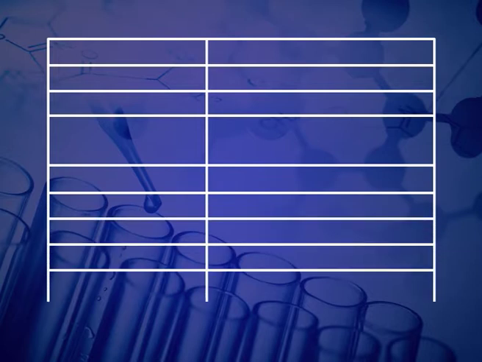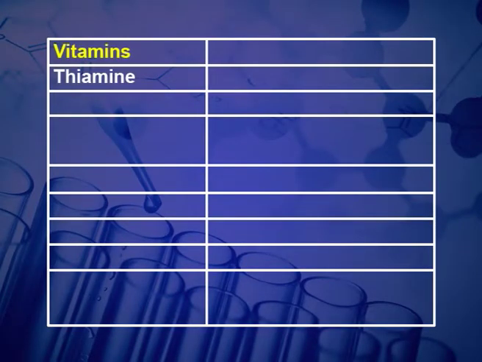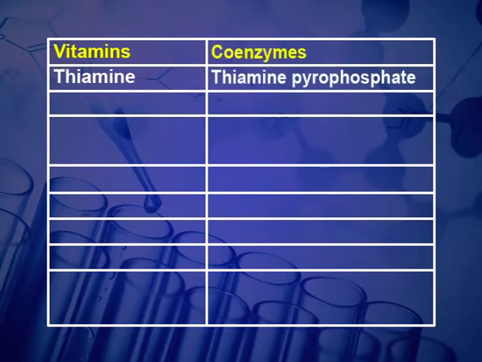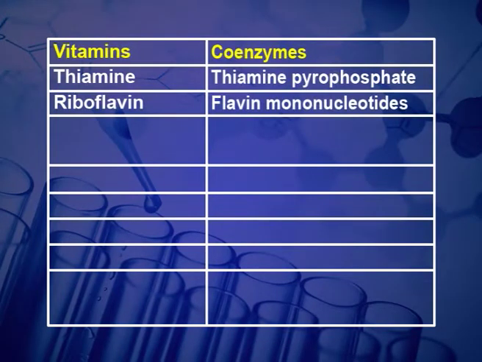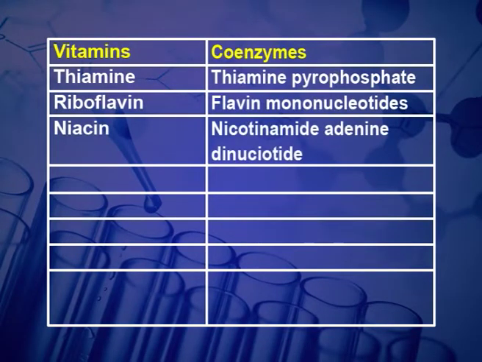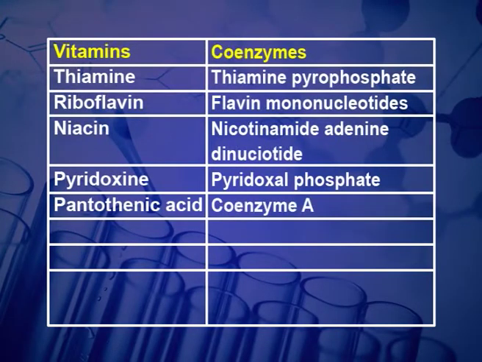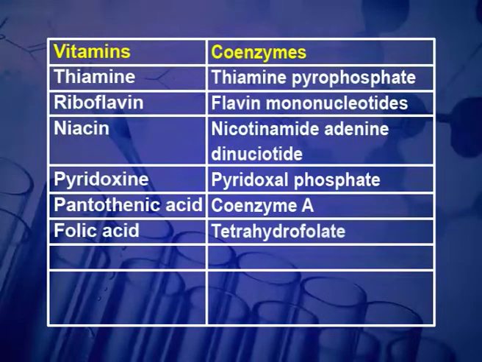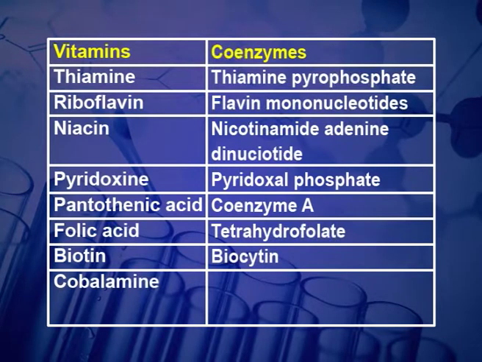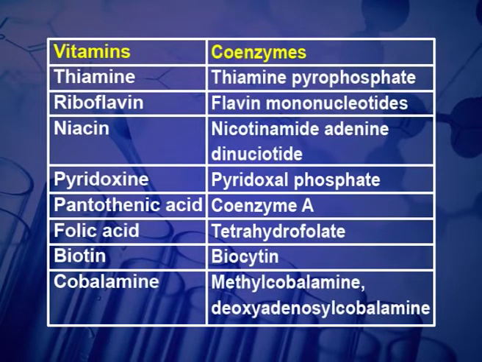As in a chart: thiamine, the vitamin which has the coenzyme thiamine pyrophosphate; riboflavin, which has flavin mononucleotide; niacin, that is nicotinamide adenine dinucleotide; pyridoxine, which has the coenzyme pyridoxal phosphate; pantothenic acid, which has coenzyme A; folic acid, which has tetrahydrofolate; biotin, that is biocytin; while cyanocobalamin has the coenzymes methylcobalamin and deoxyadenosylcobalamin.